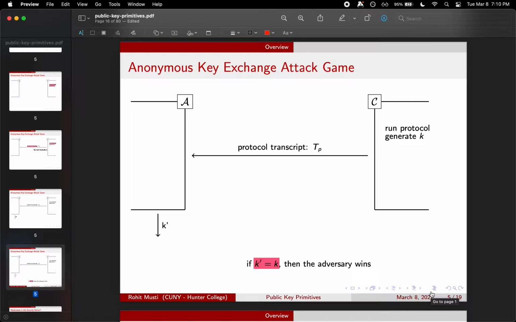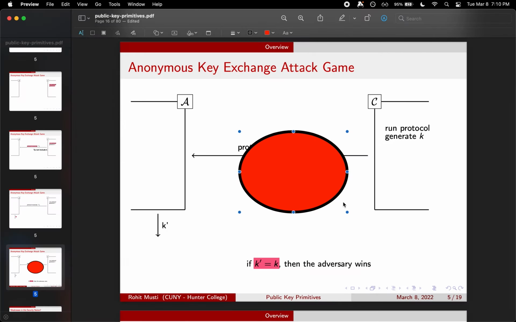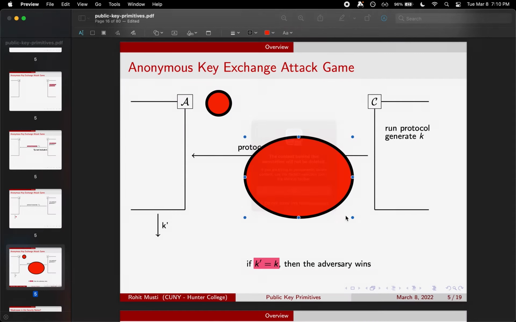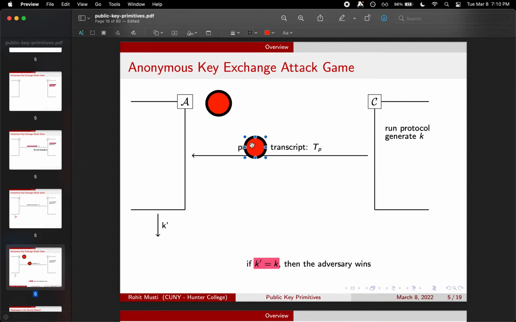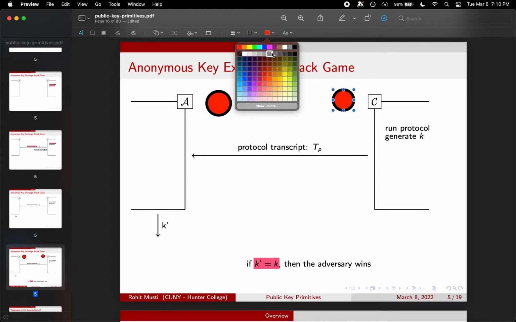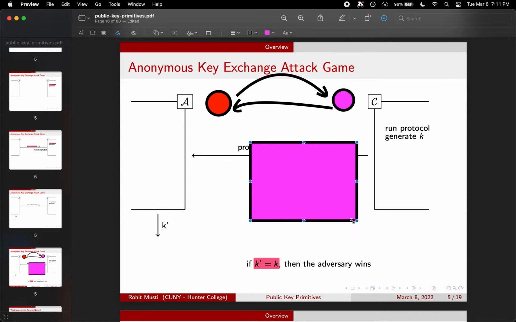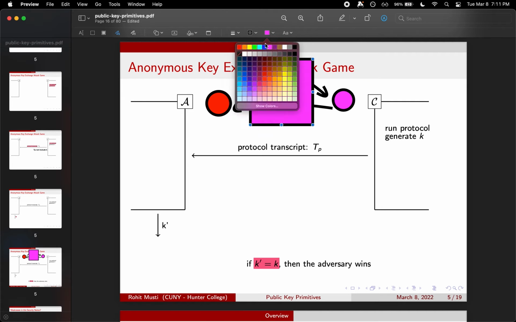So let's think for a moment about what that means. What we're saying is if the adversary can listen here, so we have Alice and we have Bob, and Alice sends Bob a message, and Bob sends Alice some messages, the adversary is going to see what's inside this box.